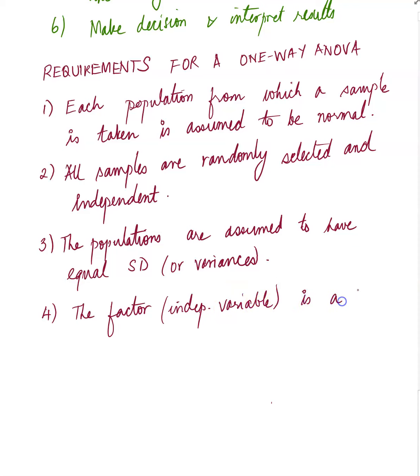So categorical, like medication A, medication B, medication C, right? You are not giving a number, so you're talking about the quality, not the numerical value. So I just say qualitative.